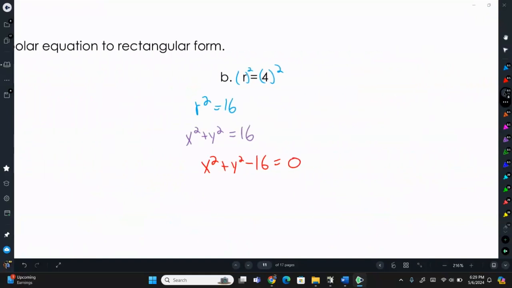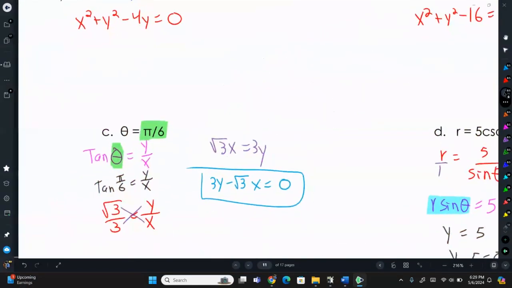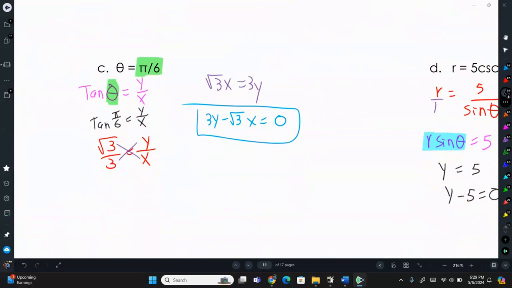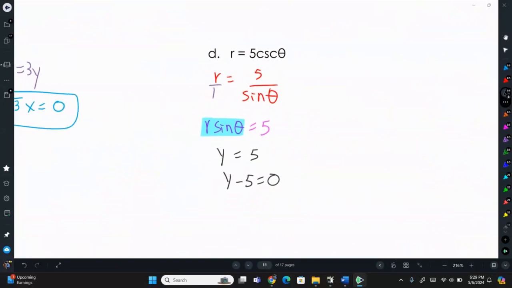But in letter B, that strategy wouldn't have worked, so we squared both sides instead. And then letter C, all right, we said, okay, what do we do with this? We need x and y in our answer, so we said, okay, the tangent is y over x, and then we can replace theta and simplify it. And then here we had to cross multiply to get that r and sine together.